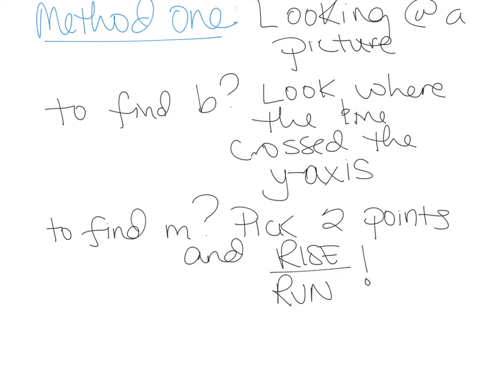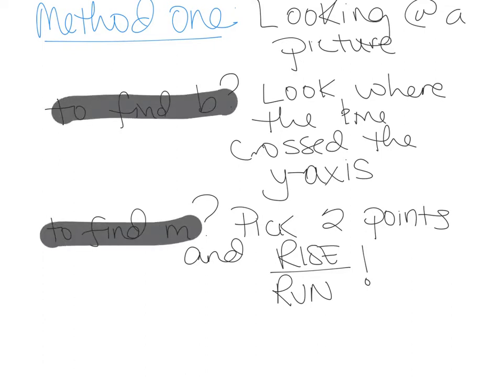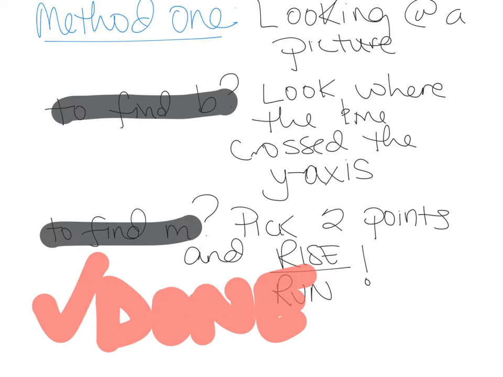Now, when you find B and then you find M, once you find them, you're done. Write the equation of a line, y equals mx plus b. That's method 1. All right.